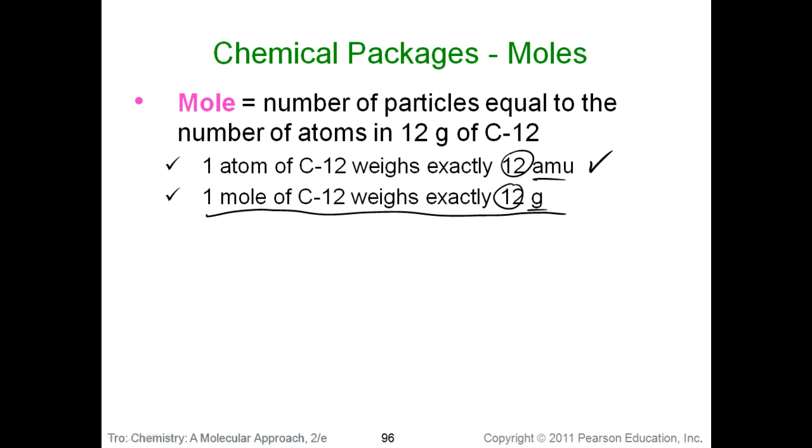Well, that's a big advantage for us, because all the atomic masses that we've been talking about on the periodic table in AMUs now can be thought of in terms of grams. So if you have one atom of carbon-12, it weighs exactly 12 AMUs, 12 atomic mass units. But if you have 1 mole of carbon-12, it weighs exactly 12 grams.